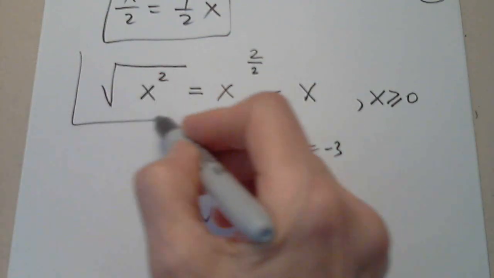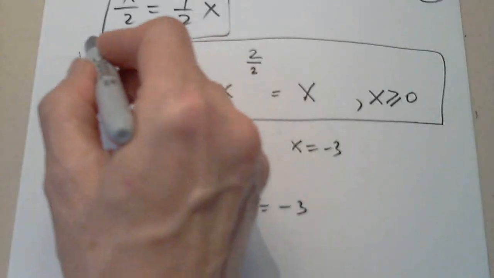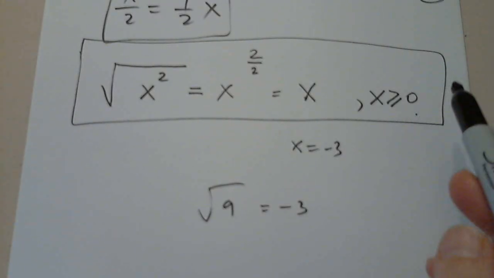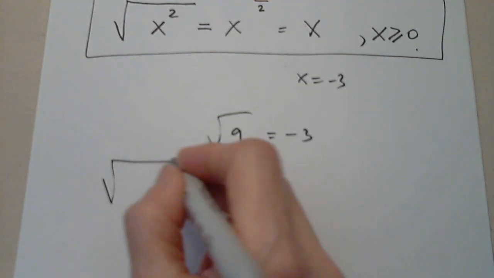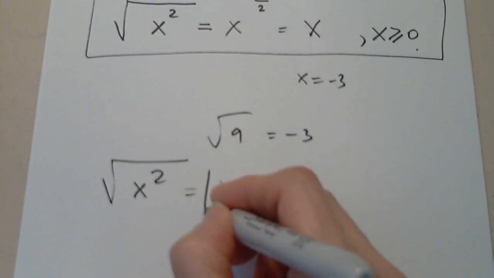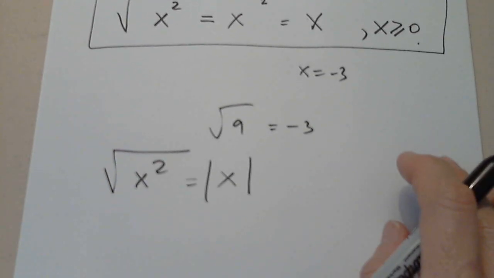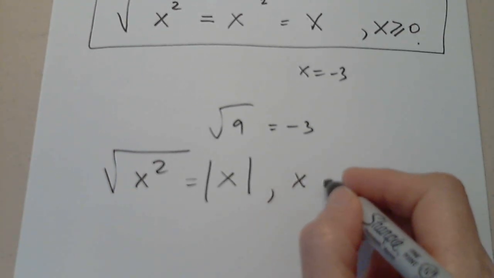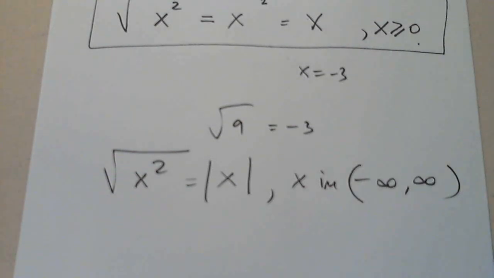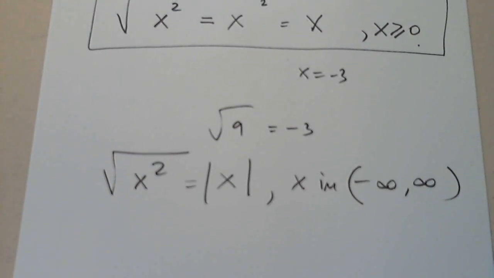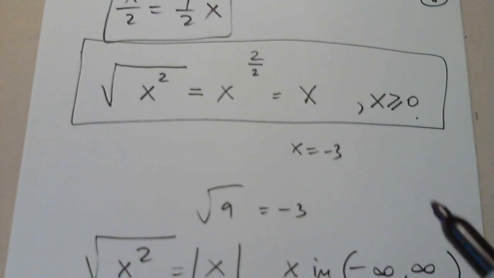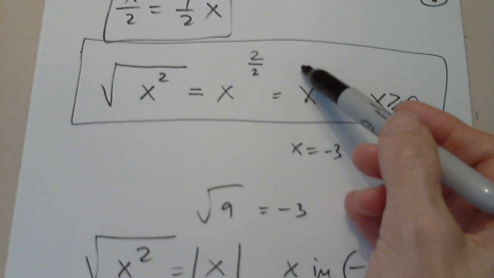So this is correct only if x is greater than or equal to 0. If it's not greater than or equal to 0, if it can be anything, then we have to write the absolute value on x. For x in everything, if x can be anything, then I have to use the absolute value. If I'm told that x is greater than or equal to 0, I don't need the absolute value.